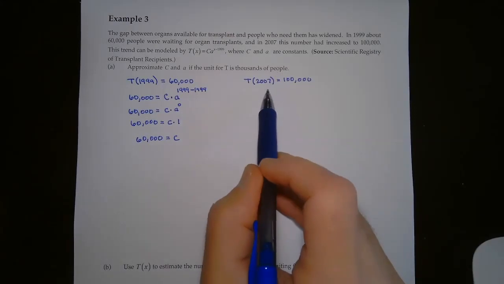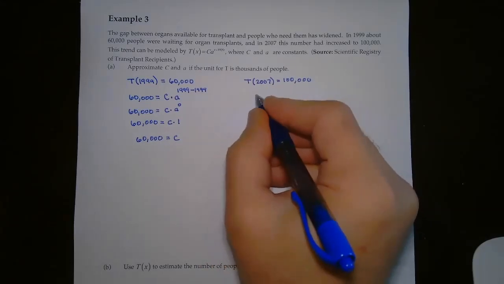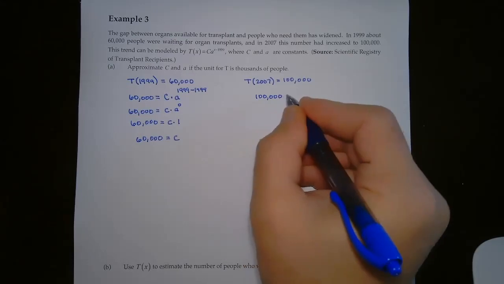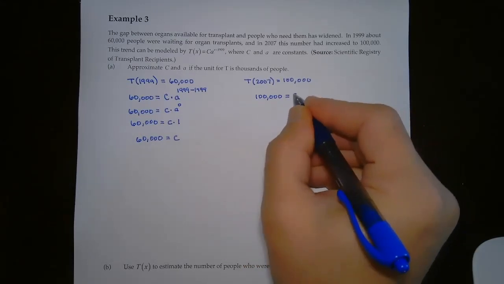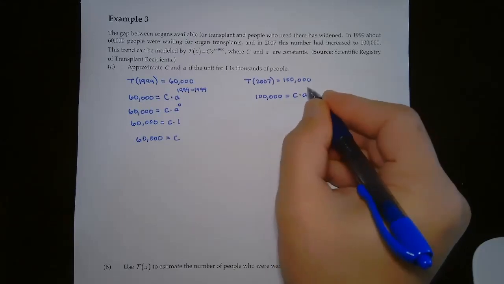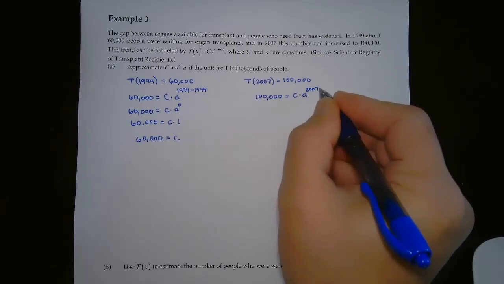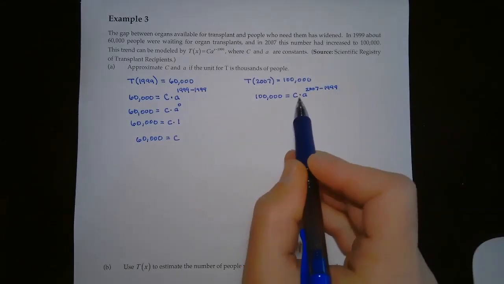Now over here, we need this one to figure out what the A is. So we know from this that 100,000 is equal to C times A to the 2007 minus 1999. Now, I purposely put the C here.